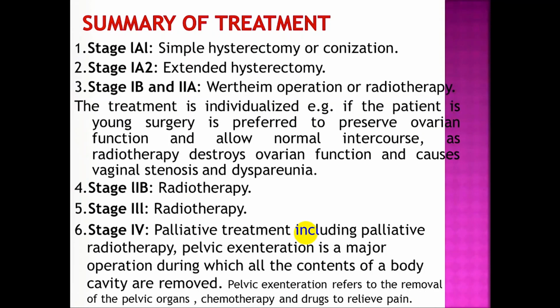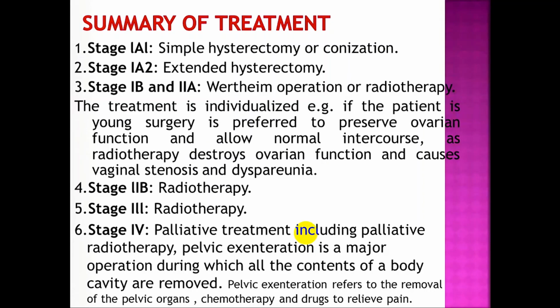For example, if the patient is young, surgery is preferred to preserve ovarian function and allow normal intercourse, as radiotherapy destroys ovarian function and causes vaginal stenosis and dyspareunia. Stage 2B, radiotherapy. Stage 3, radiotherapy. Stage 4, palliative treatment, including palliative radiotherapy.